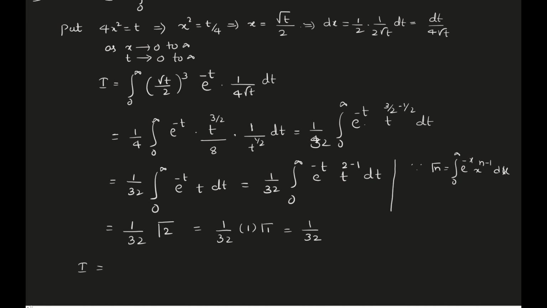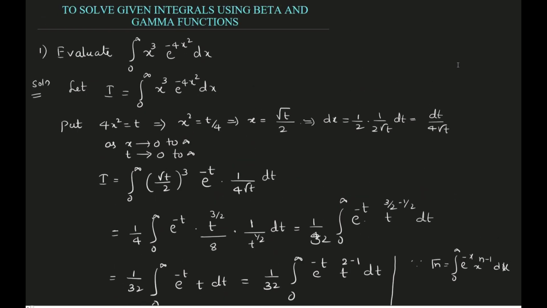Therefore, I is equal to 1 by 32, the value of the required given integral. Okay, the answer: the integral from 0 to infinity x cube into e raised to minus 4x square dx is 1 by 32. Okay, this is how to solve the given examples. Okay, let us try one more example.